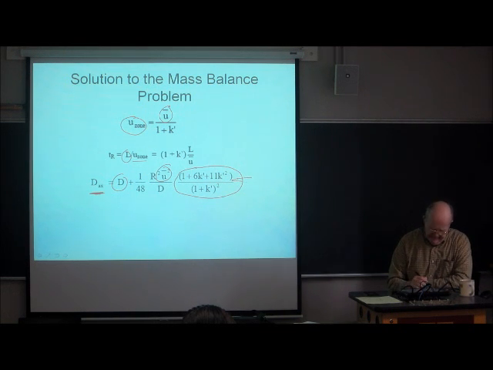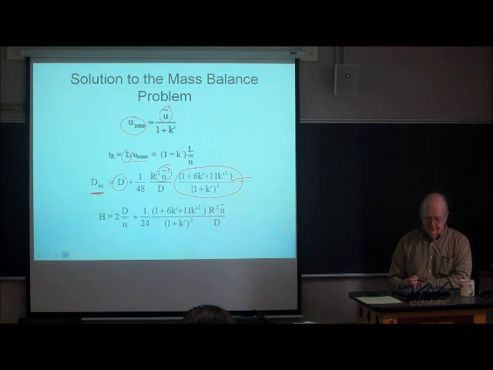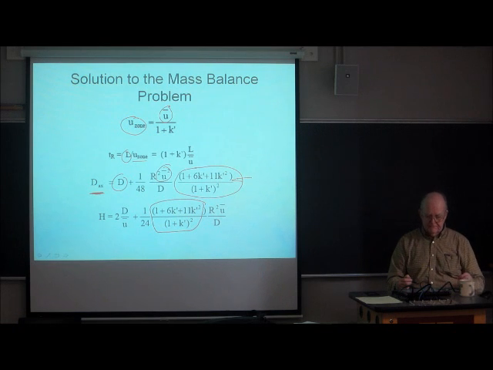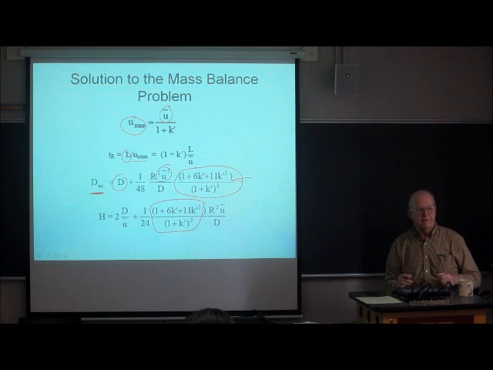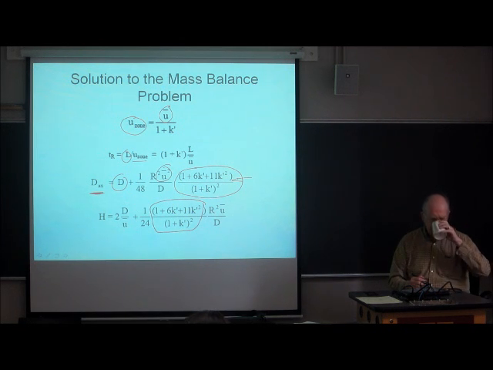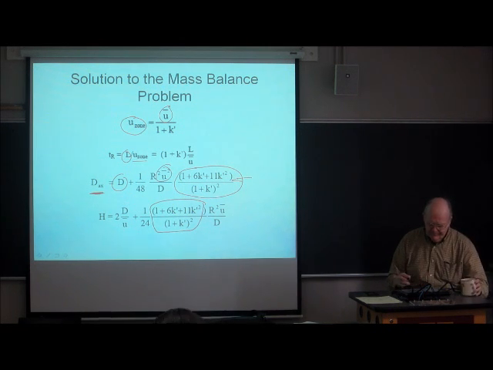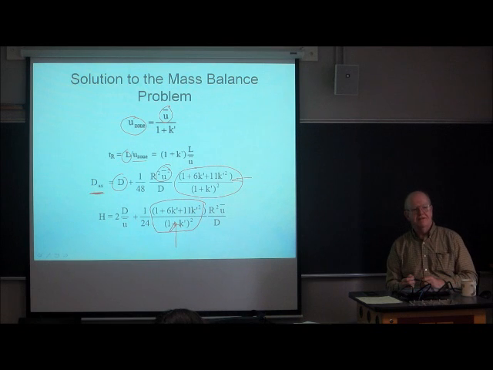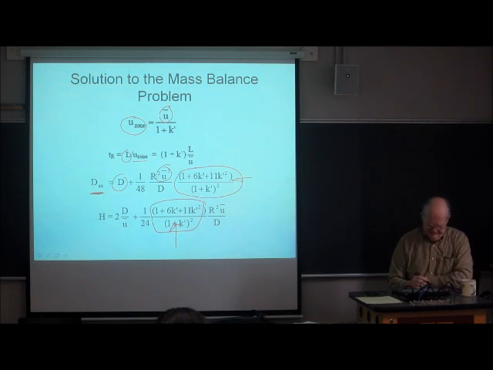And when we convert that to an HETP, we get an HETP that now depends upon the retention factor. This is real chromatography. And we'll see in a few minutes what this stuff does to the chromatography.